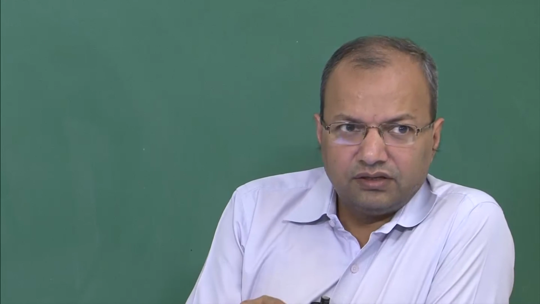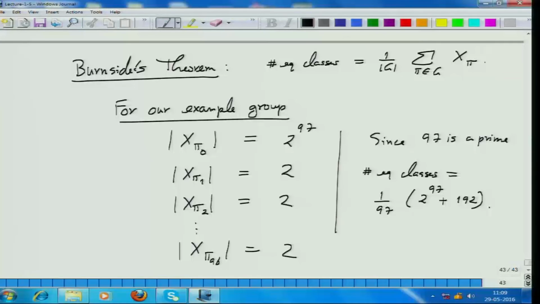The key gain here is that this count is now 1 for each element of G. G, which is a set of symmetries, will typically have a small number of elements. So you can do this counting much more easily compared to earlier, where we were looking at all possible ways, and that is really too many.